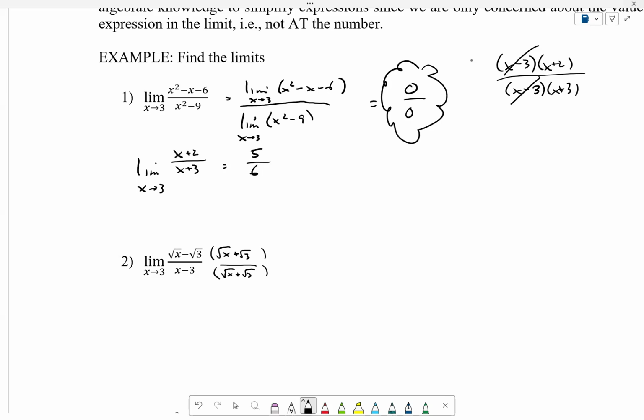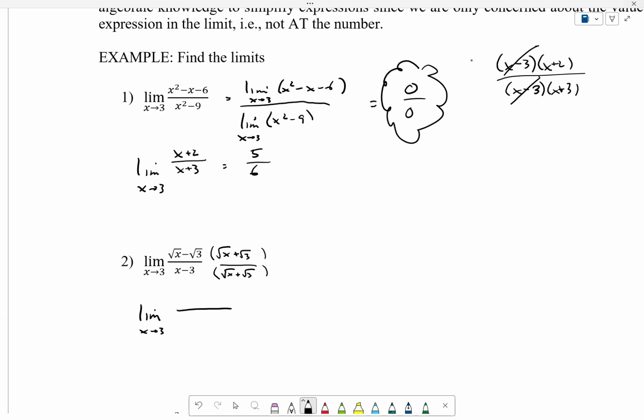You do not have to distribute on the bottom. You can if you want, if you want to have fun. I know you like it. Did you get it? Did you get the new form?